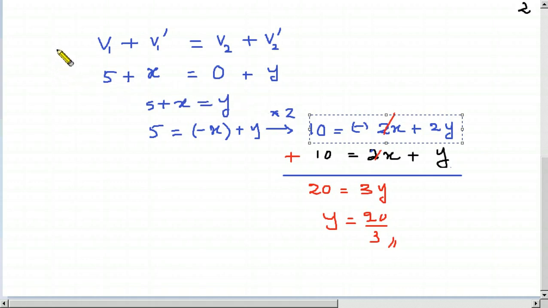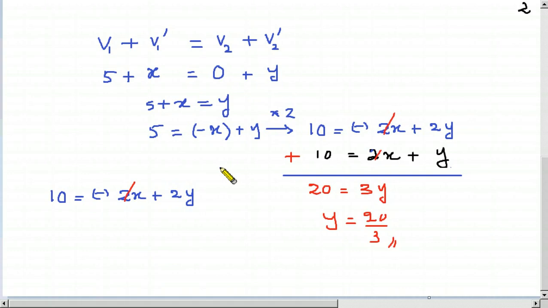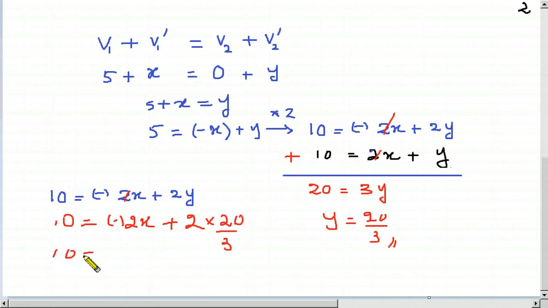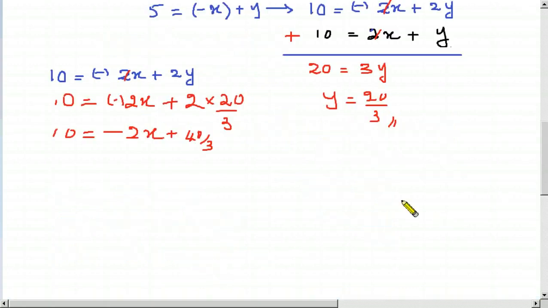That 2 here, keep it here, and we can't cancel like this now. So 10 equals minus 2x plus 2 times y, and y is 20 divided by 3. Then 10 equals minus 2x plus 40 divided by 3.